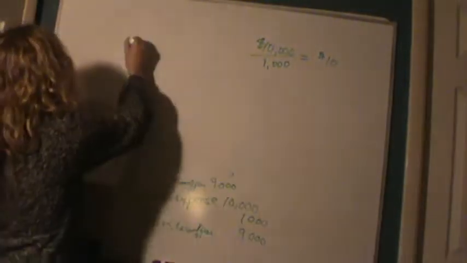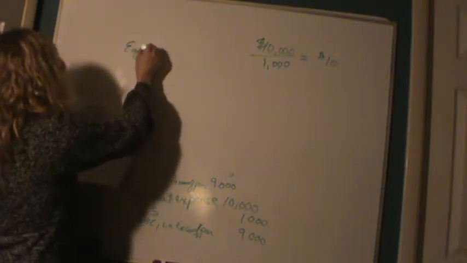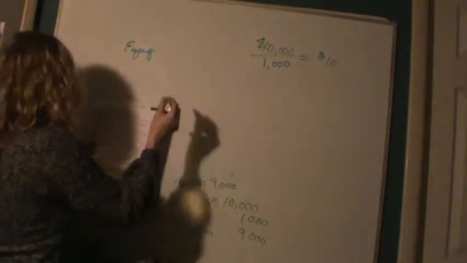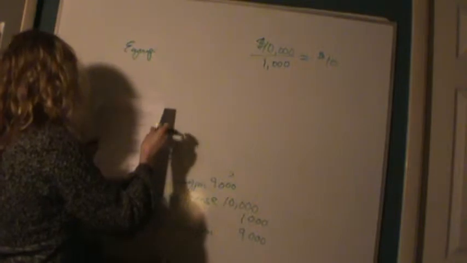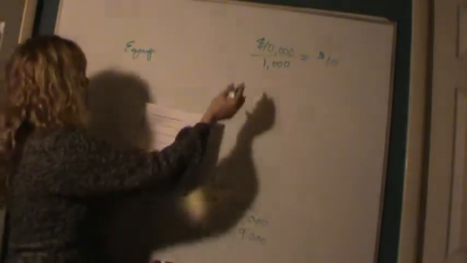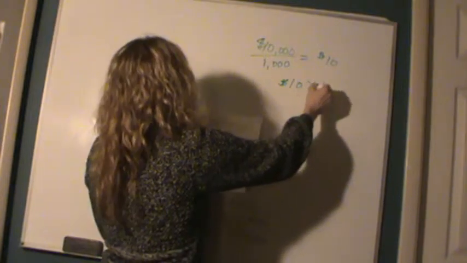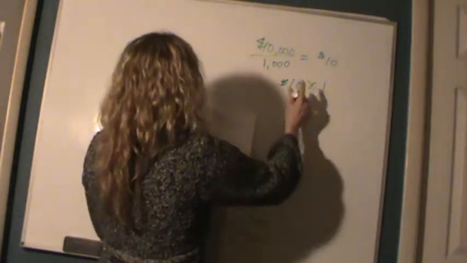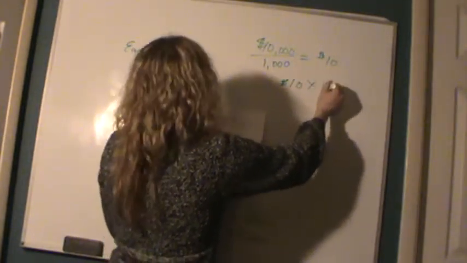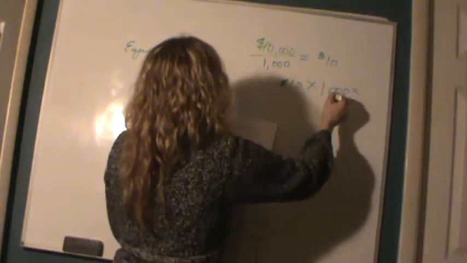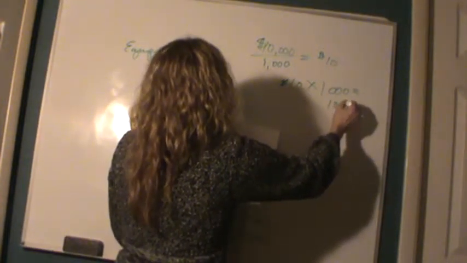We're receiving equipment, so we're going to debit equipment for $10,000. $10 per share times 1,000 shares is going to be $10,000.